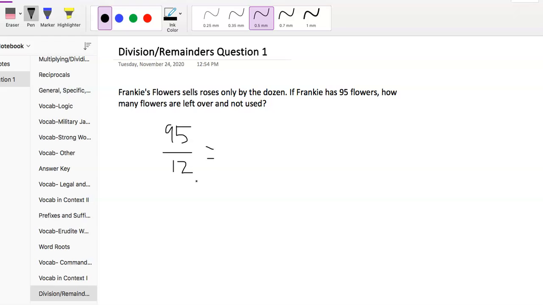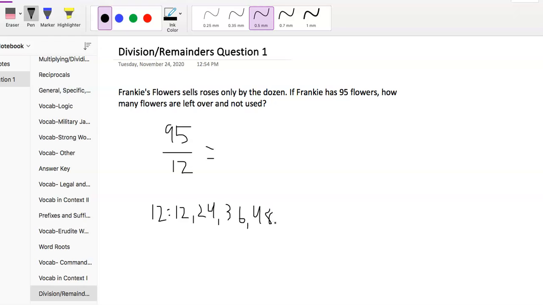All right, so 95 divided by 12. If you're thinking about this, you're just going through your multiples of 12. 12 times 2 is 24. Times 3 is 36. Keep it going, 48.